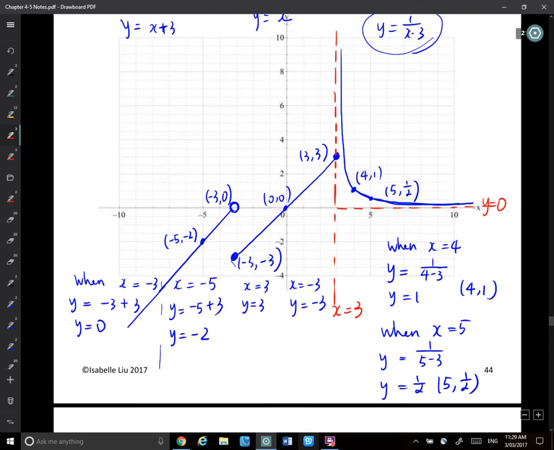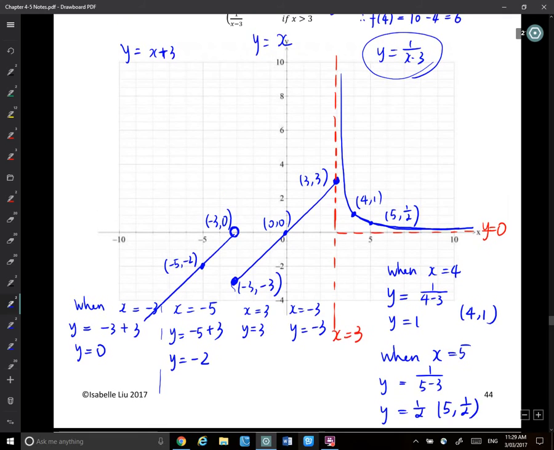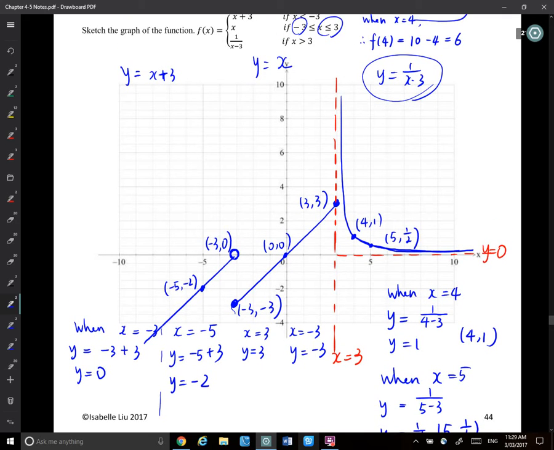So that is my graph. And the 2 linears are parallel because they have the same gradient, 1. So they are parallel lines.